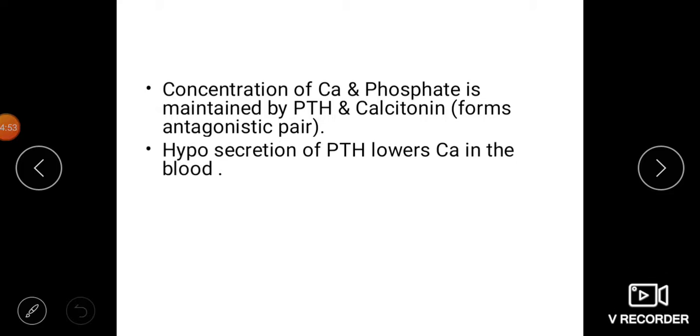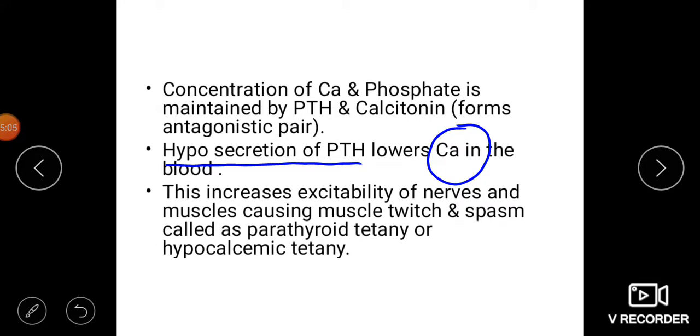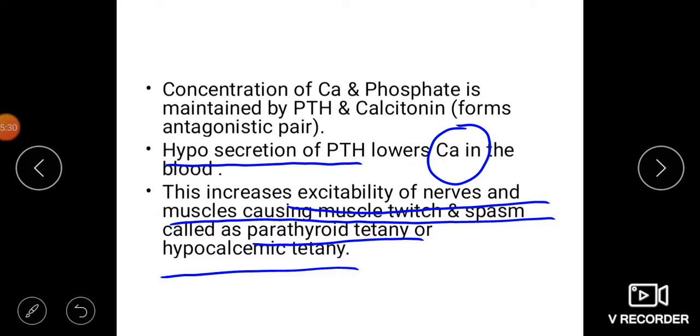Hyposecretion of PTH. If PTH is secreted in lesser quantity, it lowers the calcium in blood. Low secretion of PTH means a decrease in the level of calcium in blood. As a result, this can increase the excitability of nerves and muscles, causing muscle twitches and spasms called parathyroid tetany or hypocalcemic tetany.